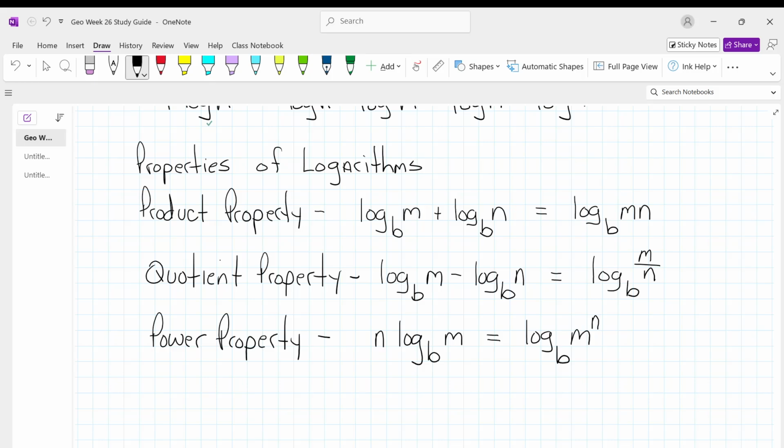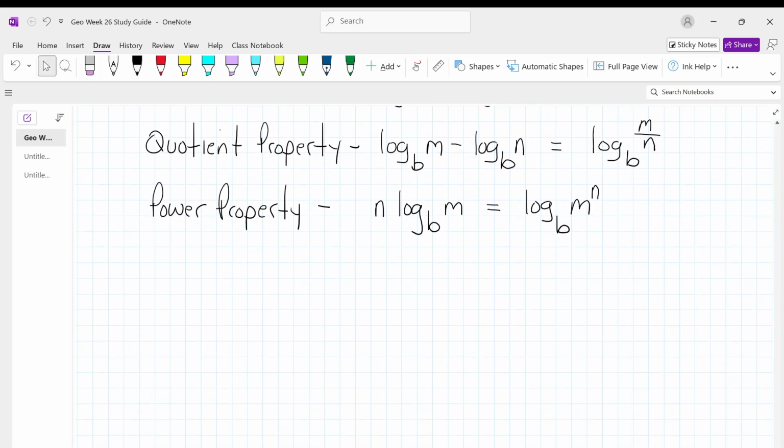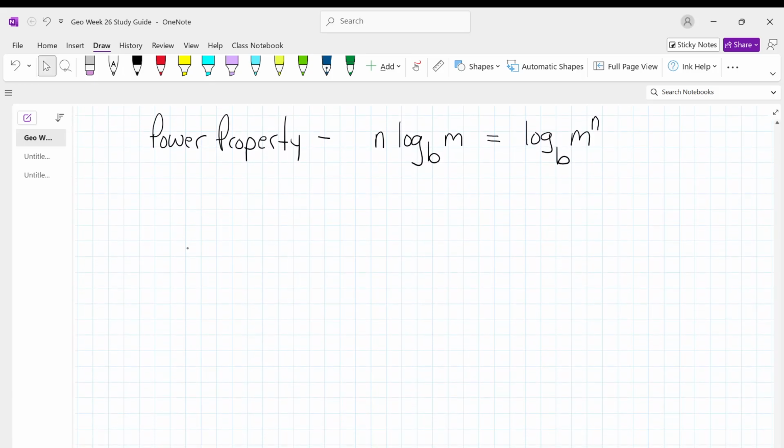All right, so your directions for your problems today are going to be write each expression as a single log.